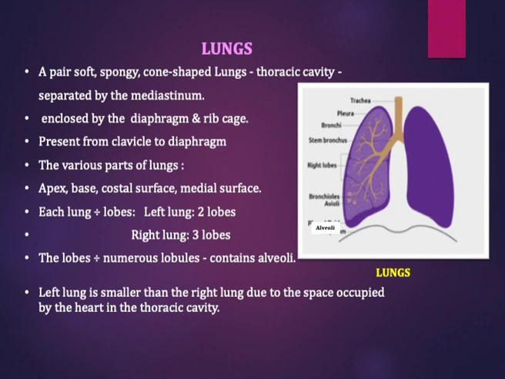And coming to the number of lobes, the left lung has 2 lobes and the right lung has 3 lobes. The lobes are again divided into numerous lobules, and each lobule again contains alveoli. The left lung is smaller in size than the right lung due to the space occupied by the heart in the thoracic cavity.